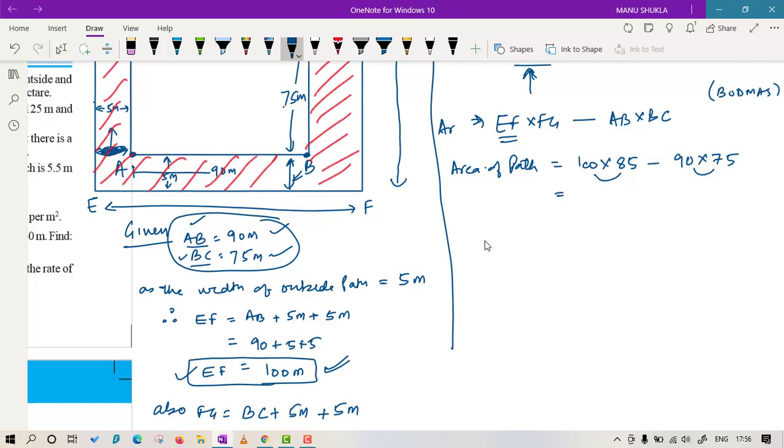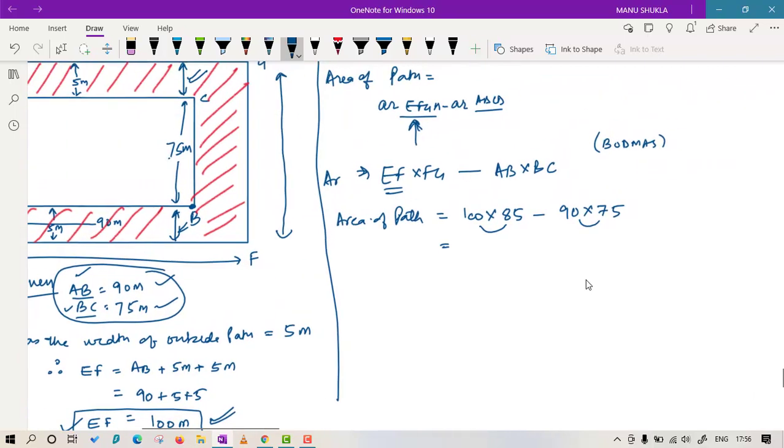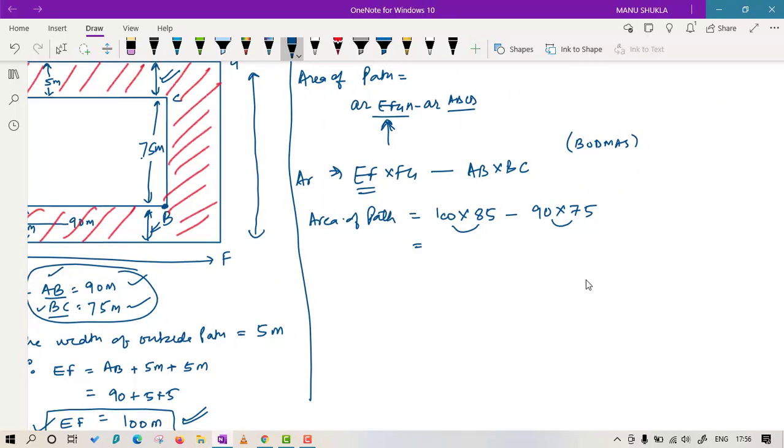So class, the first thing that I am able to see as common is 10. Easy one, I can see 10 is common because it is coming here also and here also. So I suggest you all to go with the common thing, but if you don't want, that is okay.